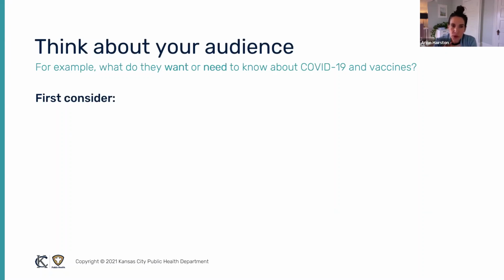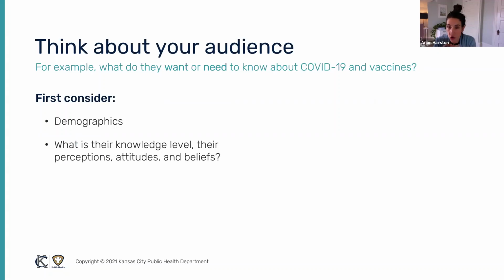Now think a little deeper about your audience as you're thinking about the materials that you create, the writing you do. You want to ask yourself, what is their age, race, ethnicity, profession? Demographics. What are their perceptions of the risk, possibly of COVID, if that's what you're writing about? What are their attitudes towards things like vaccines?